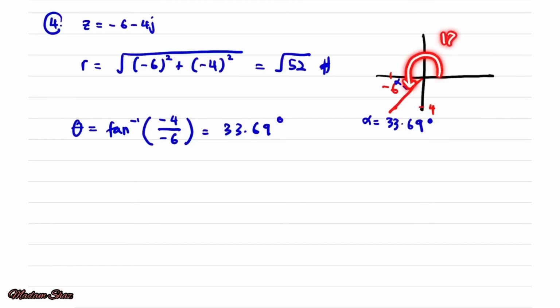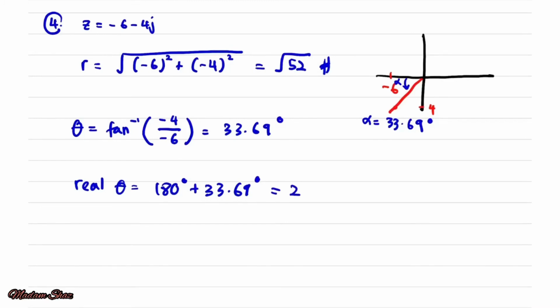So therefore 180 must be added to our reference angle. So real theta is equal to 180 degrees plus 33.69 degrees. So your answer will become 213.69 degrees. So this is our real theta, which is from the positive x-axis until it touches the complex number.